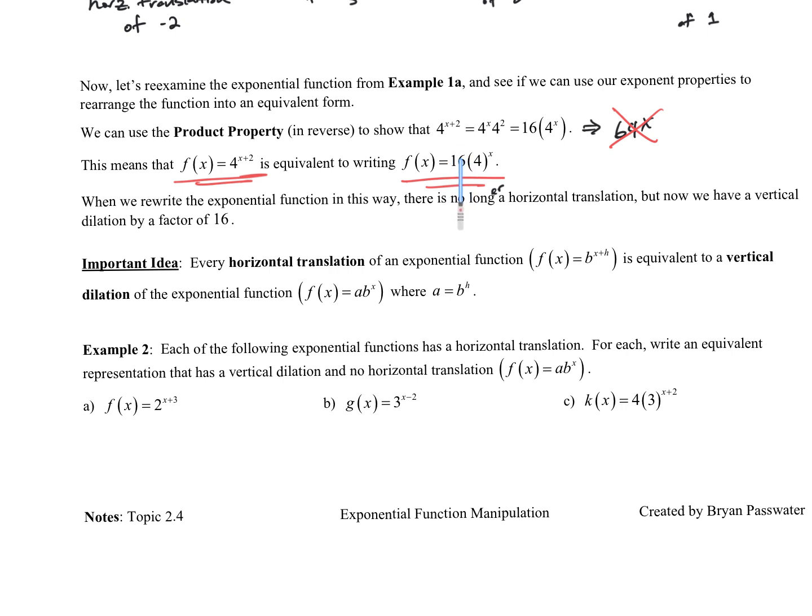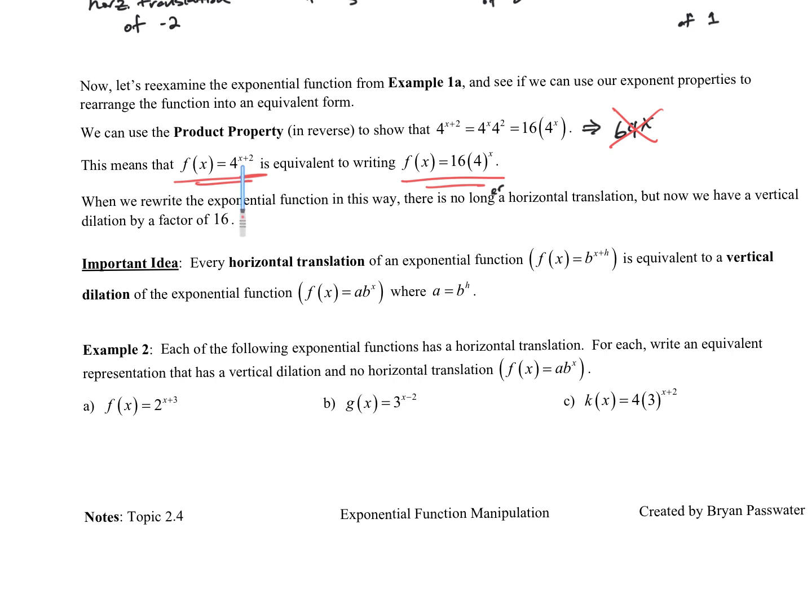And so this is actually known as our what? Does anybody remember? It starts with an I, an initial value. So this is an initial value of 16, like we did the other day. It's the same thing, because what's an initial value? It's when x is equal to what? 0.